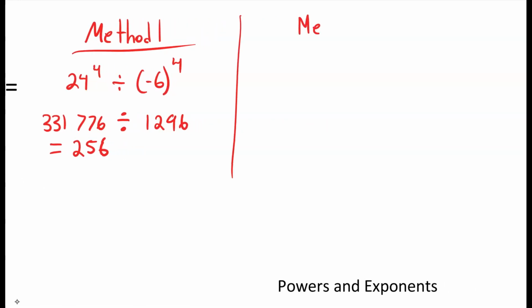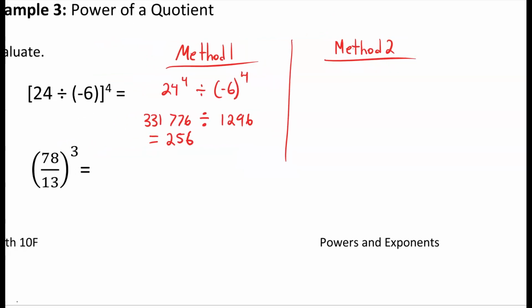In method 2, we're going to have 24 divided by -6 first. So we're addressing what's inside the brackets.